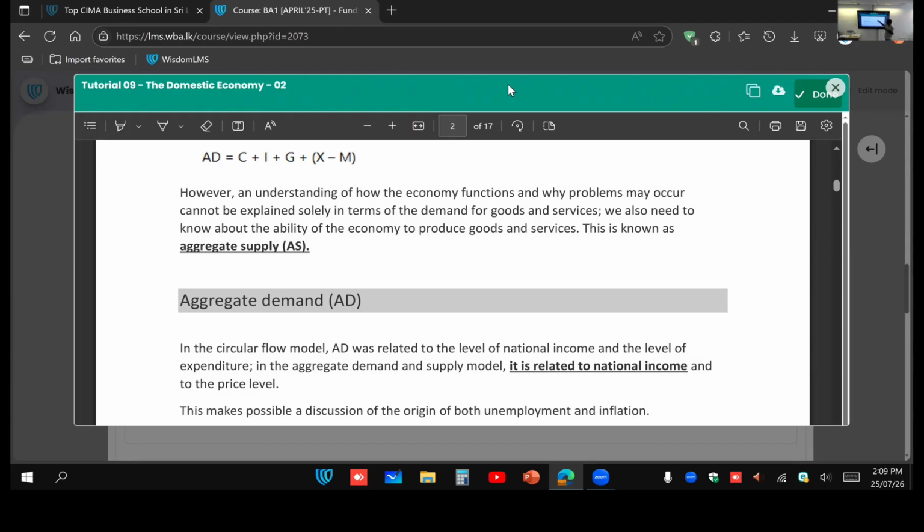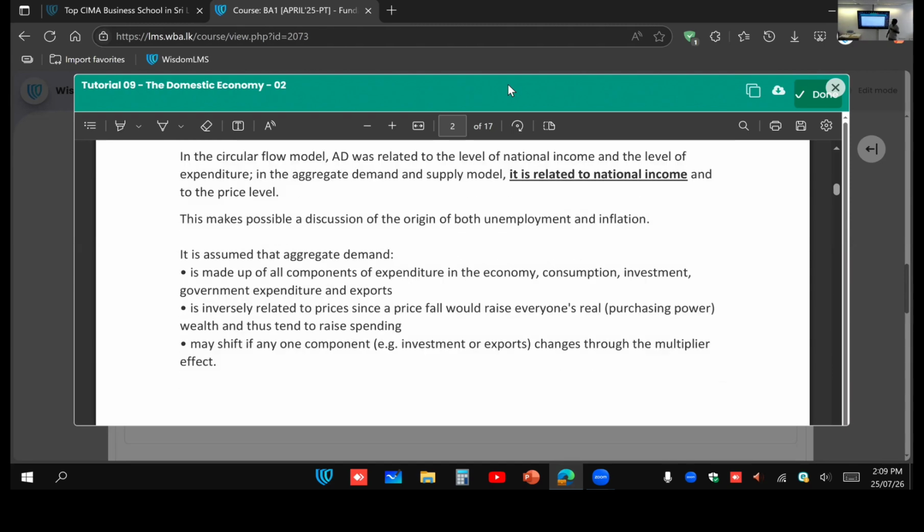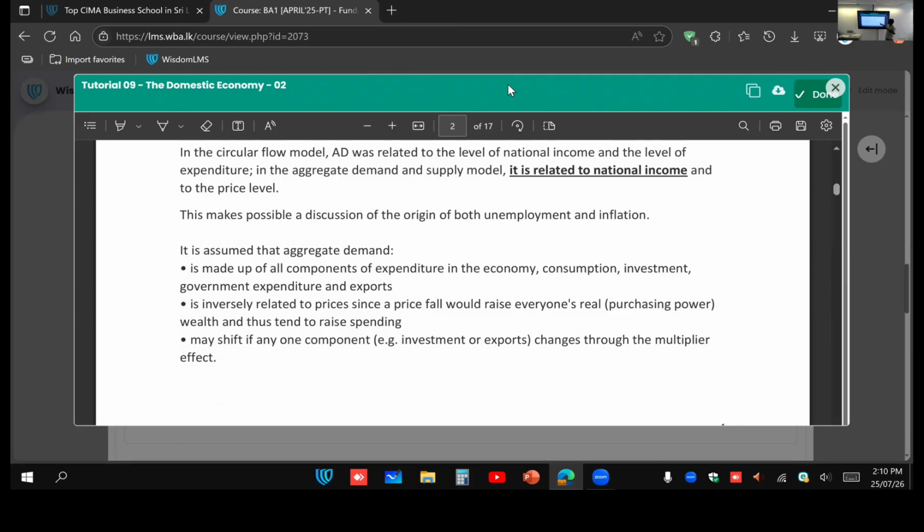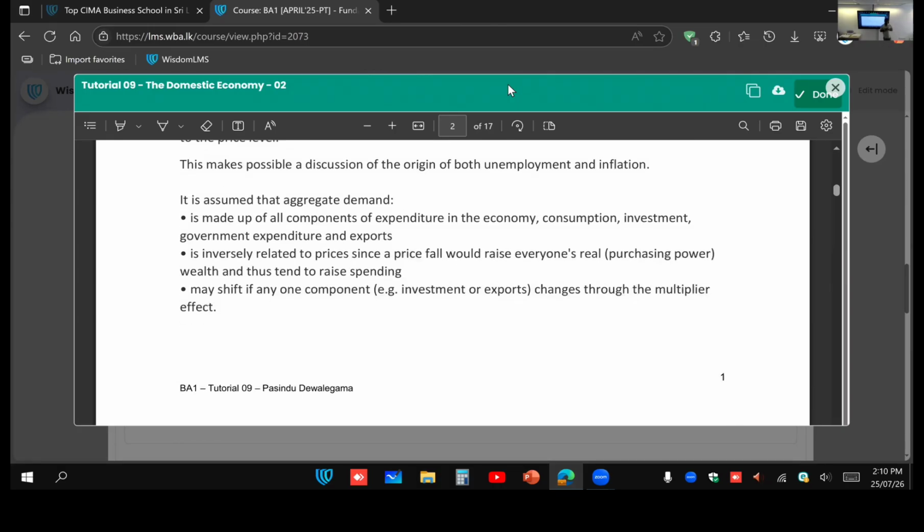So firstly, we look at the aggregate demand. In the circular flow model, aggregate demand was related to the level of national income and the level of national expenditure. In the aggregate demand and supply model, it is related to national income. This makes possible a discussion of the origin of both unemployment and inflation.